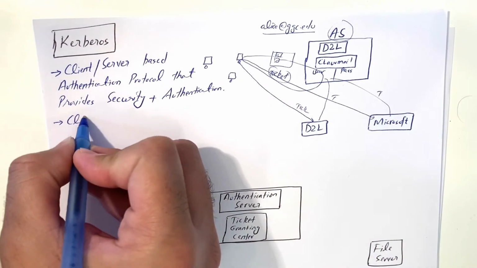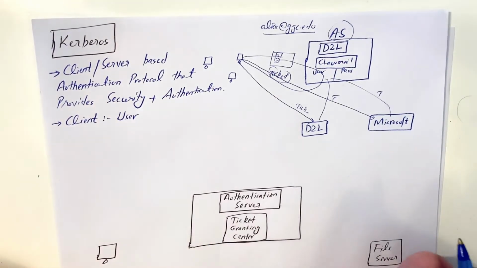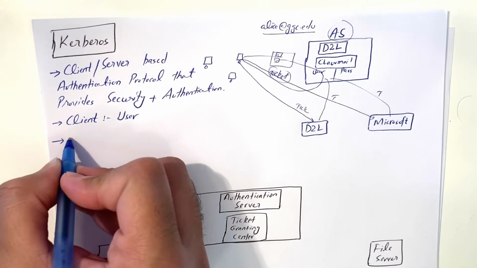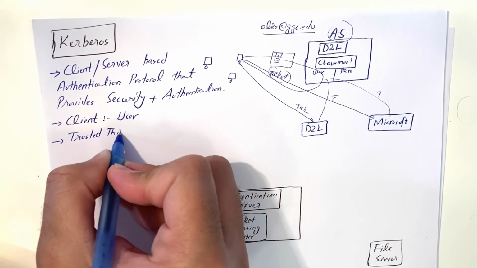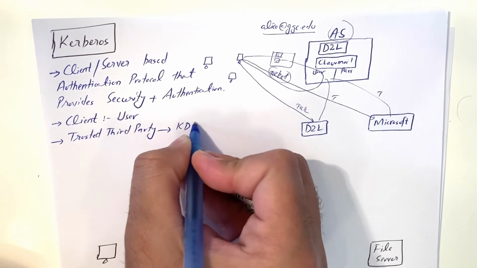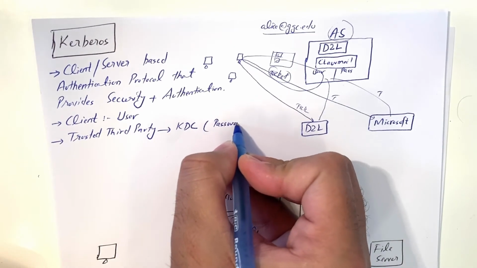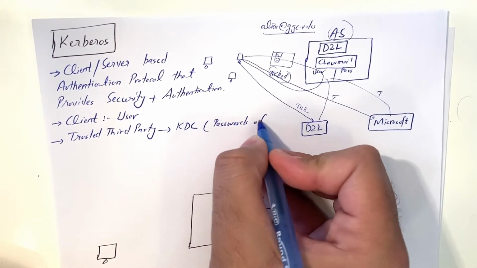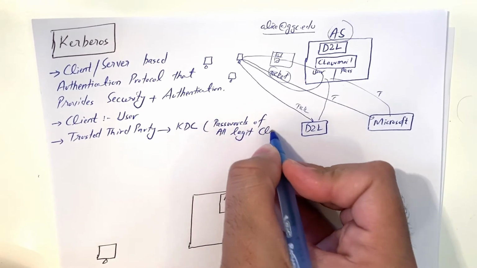Here are a few terminologies that we are going to use. Client is basically the user who wants to access the resources. Second is the trusted third party, called the KDC, Key Distribution Center, which knows the passwords and usernames of all legit clients.